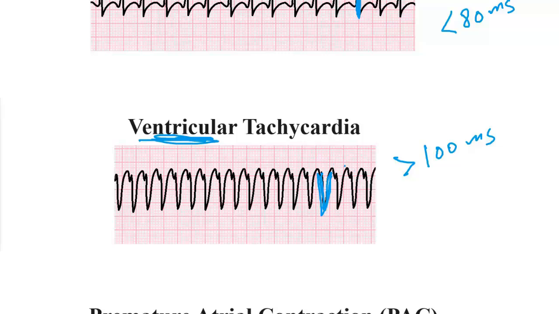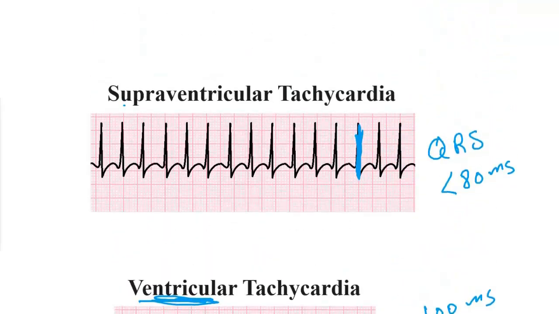Now with sustained ventricular tachycardia of 30 seconds or more, because the ventricle is beating so rapidly, the heart cannot pump the blood well to the different parts of the body, as a consequence of which the patient can undergo hemodynamic collapse. And so for these patients, you have to proceed with the ACLS resuscitation protocol as well as CPR.